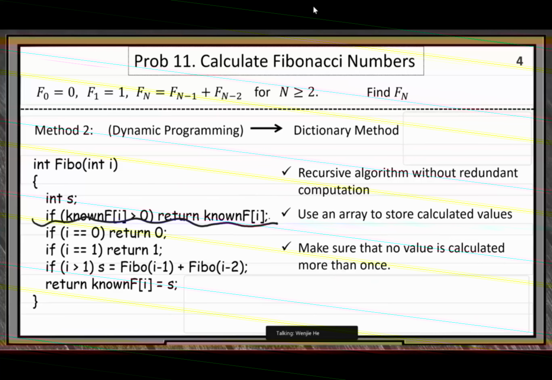Then, because it is the first time, you do not avoid the recursion. So s equals the 2 recursive function calls. After you get the value, you assign s to your dictionary, knownF[i]. Update the data stored in your dictionary, and also return it.